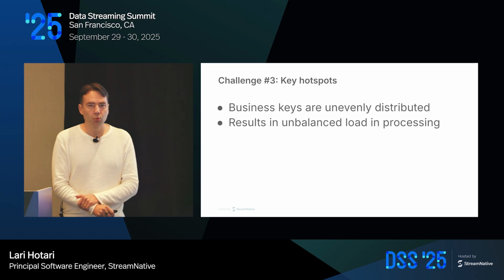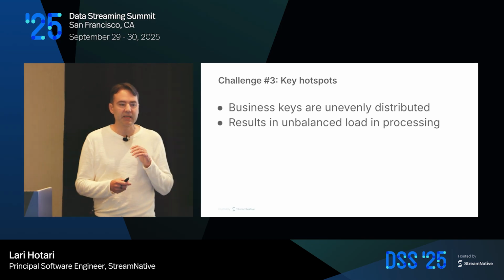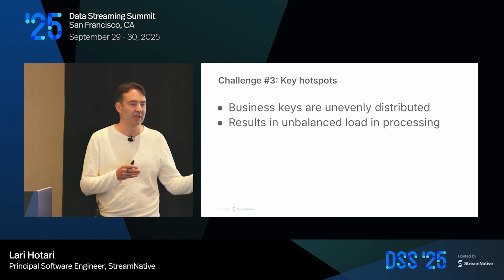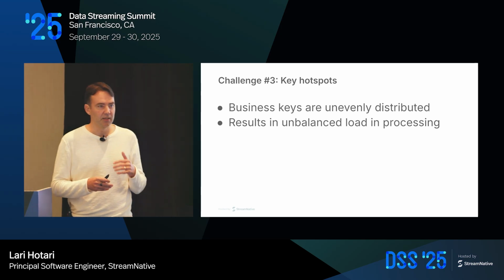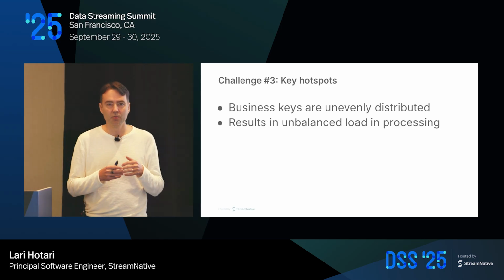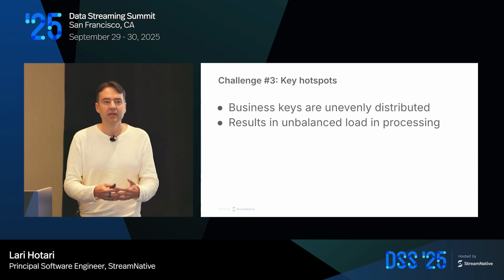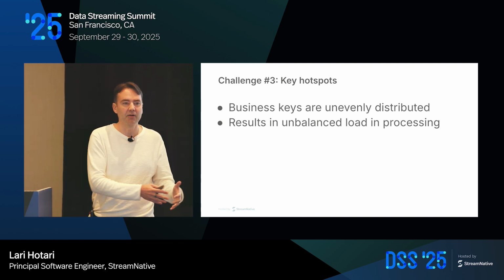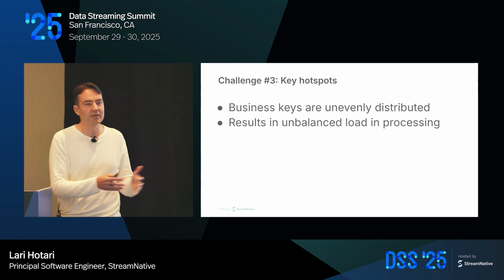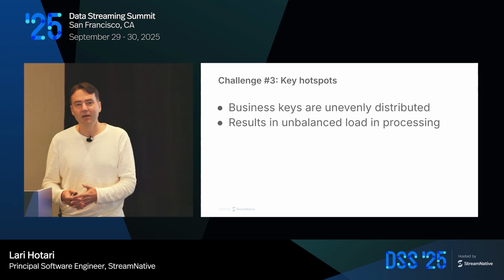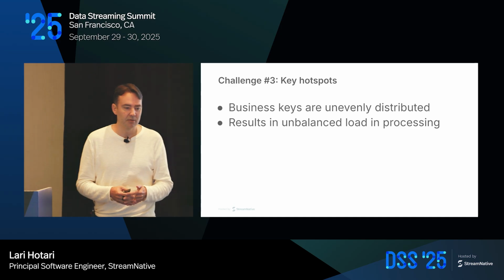Then one of the problems is key hotspots. Typically, it's common that business keys are unevenly distributed. Let's say you use a customer ID as a key. There could be some customers that are very large ones and some customers that are small ones, like a long tail of very small customers.